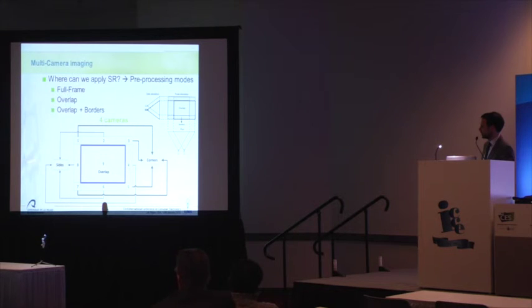For regions 2, 4, 6, and 8, we are getting information only from 2 cameras, and in the corners, 1, 3, 5, and 7, only from 1 camera. So depending on the region in which we are moving, we will get more or less information.